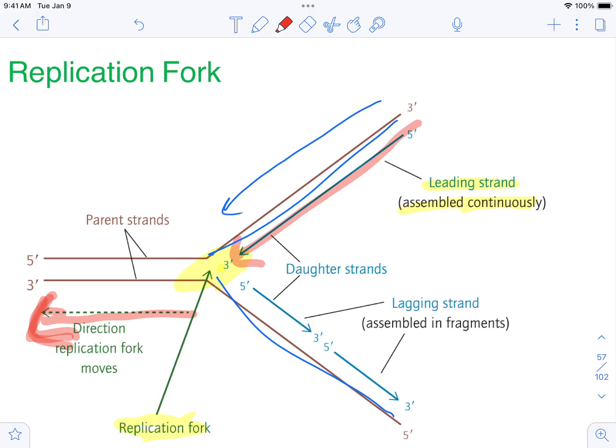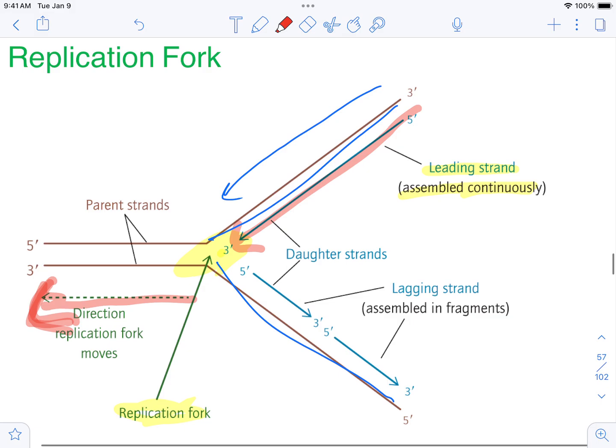Your lagging strand, on the other hand, is synthesized in fragments. So that is not a continuous assembly. And those fragments will eventually be joined by something called DNA ligase.